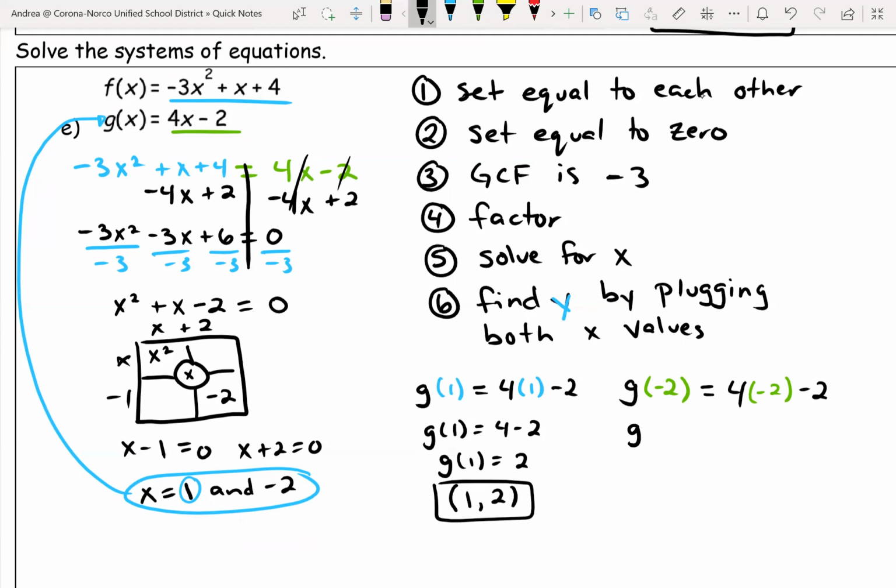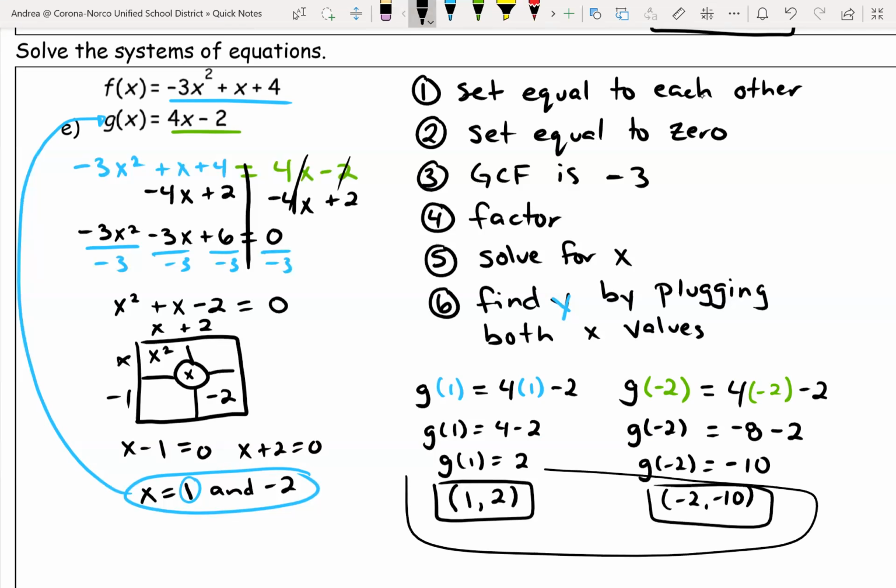So g of negative 2 equals negative 8 minus 2. So g of negative 2 equals negative 10. So my other ordered pair is (negative 2, negative 10). Any questions over that?